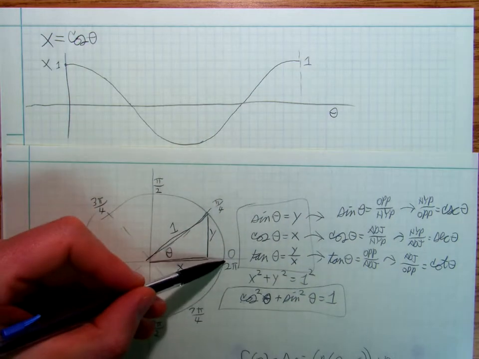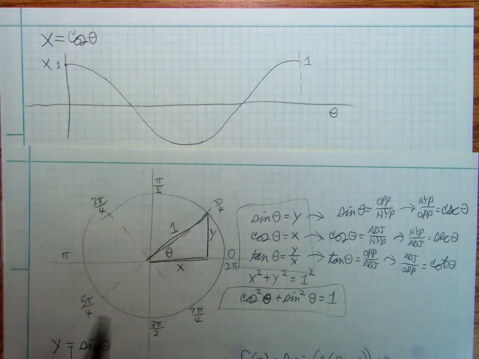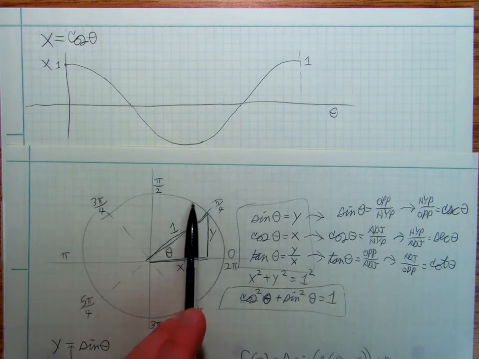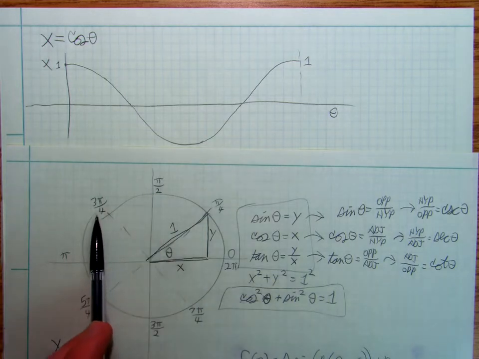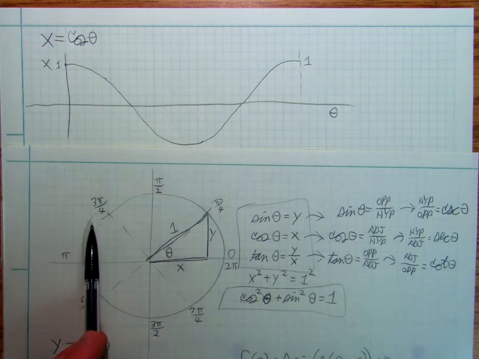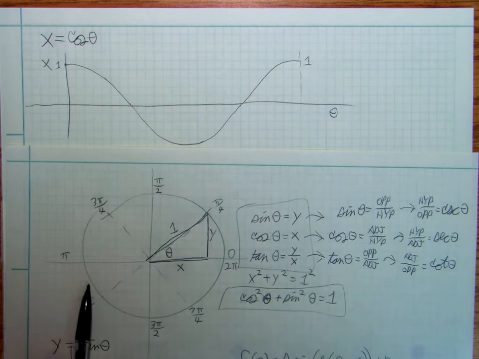So it starts off at 1. So the x value, as I walk around the circle, starts at 1, stays pretty close to 1, then starts going more rapidly to 0, and then it goes pretty rapidly through here, but then it slows down as it gets to -1, turns around, goes back up to 0, and then it goes back up to 1.